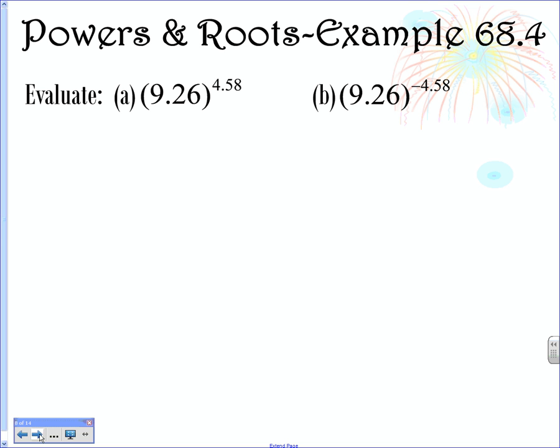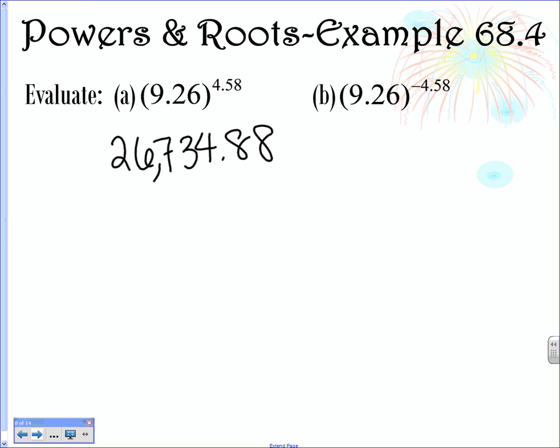What do you think we're going to do? I think we have to use the root button. Yes, you do. So, what do you get for the first one? Okay, good.